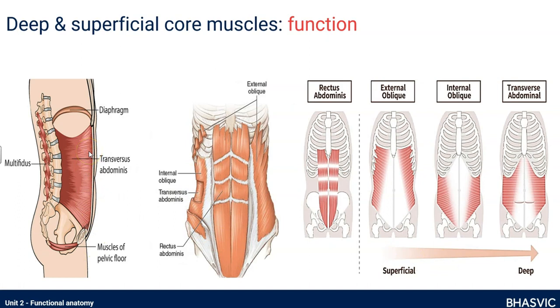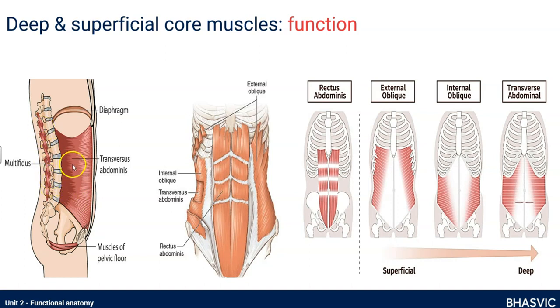So there are some core muscles that it's worth knowing the names of. A superficial core muscle is rectus abdominis, your six-pack. A deep core muscle is transverse abdominis, beneath rectus abdominis. So it's this muscle here. Rectus abdominis would be on the top.